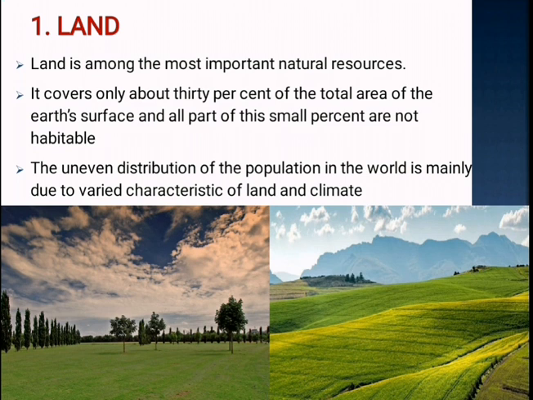The main reason for the uneven distribution of the population in the world is the varied characteristics of the land and climate. The rugged topography, steep slopes of the mountains, low-lying areas susceptible to waterlogging, desert areas, and thick forest areas are normally sparsely populated or not suitable for habitation.